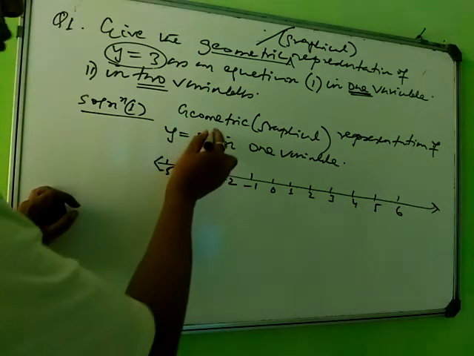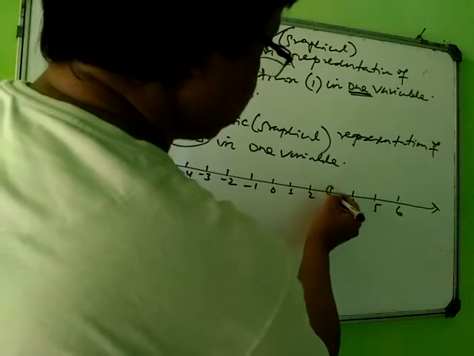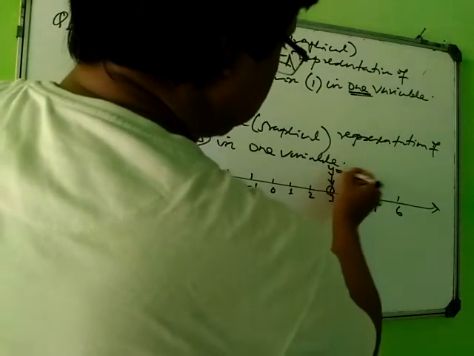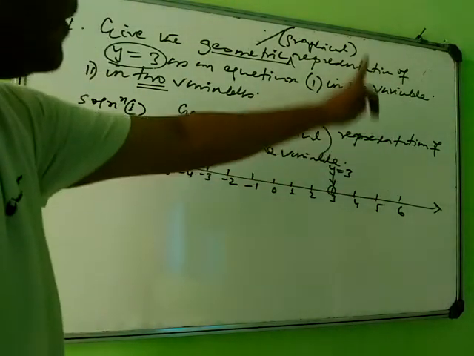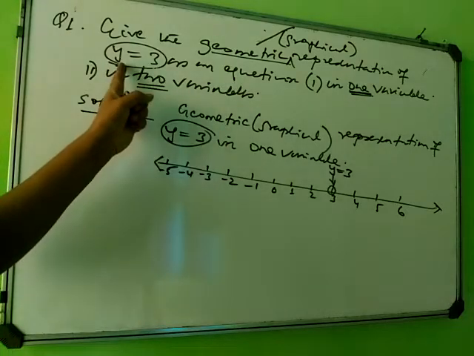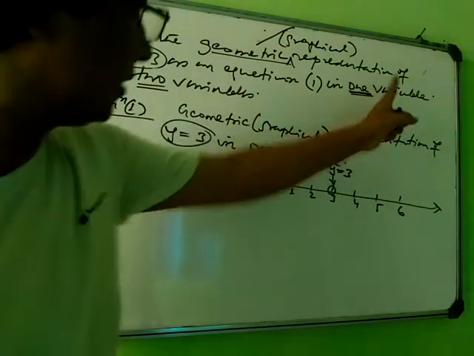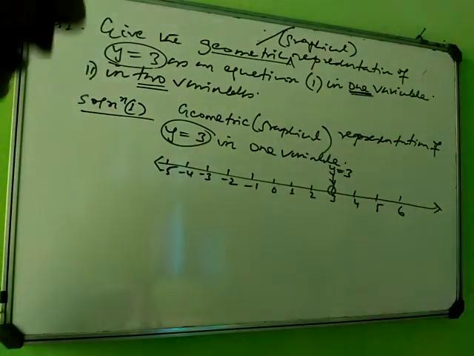Now they have given y is 3. So this is 3. That means this point represents y equals 3. So you have represented this variable, y equals 3, in a single variable. That is why you represent that number on the number line only.